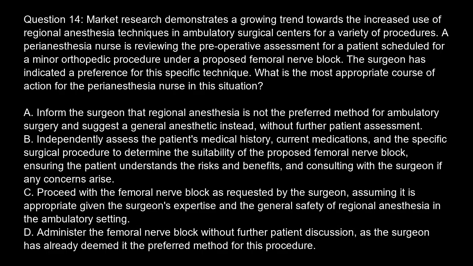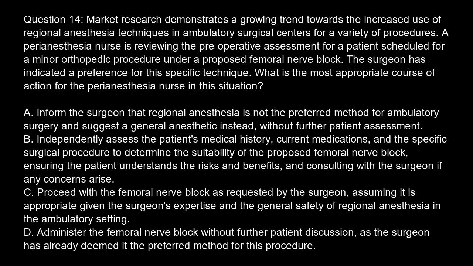Option A. Inform the surgeon that regional anesthesia is not the preferred method for ambulatory surgery and suggest a general anesthetic instead, without further patient assessment. Option B. Independently assess the patient's medical history, current medications, and the specific surgical procedure to determine the suitability of the proposed femoral nerve block, ensuring the patient understands the risks and benefits, and consulting with the surgeon if any concerns arise.